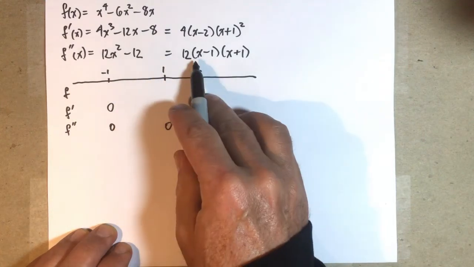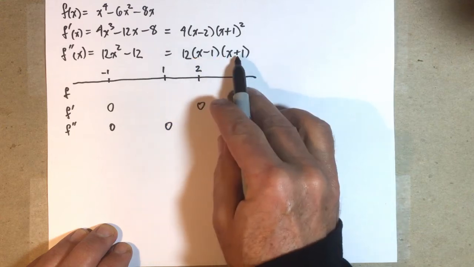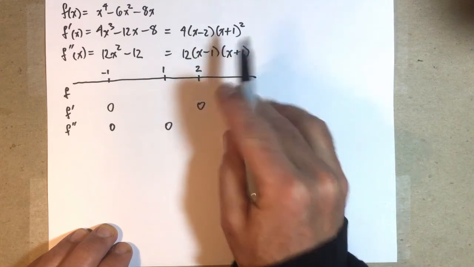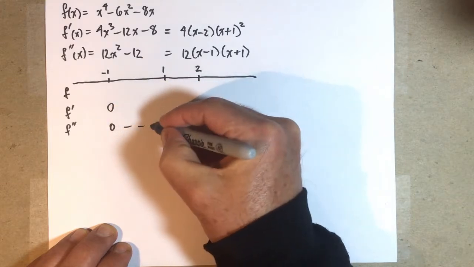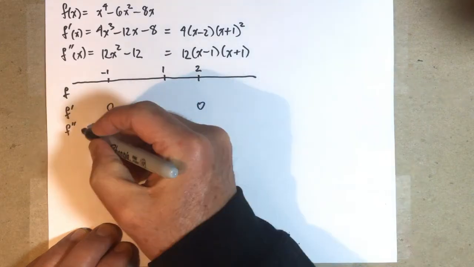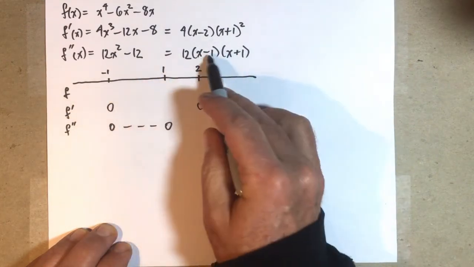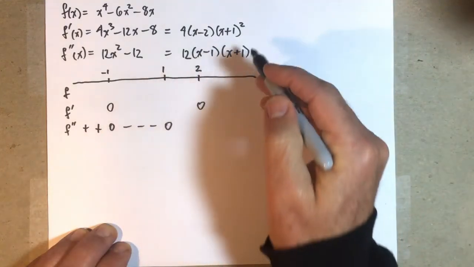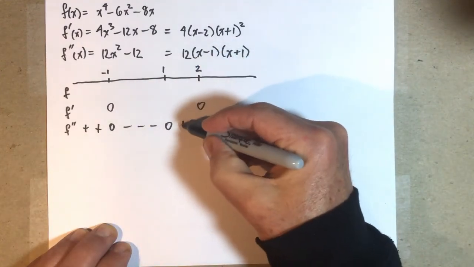For example, between plus and minus 1, I'm going to get a negative times positive. It's negative. And to the left of -1, both of these are negative. Their product is positive. For x bigger than 1, they're both positive.